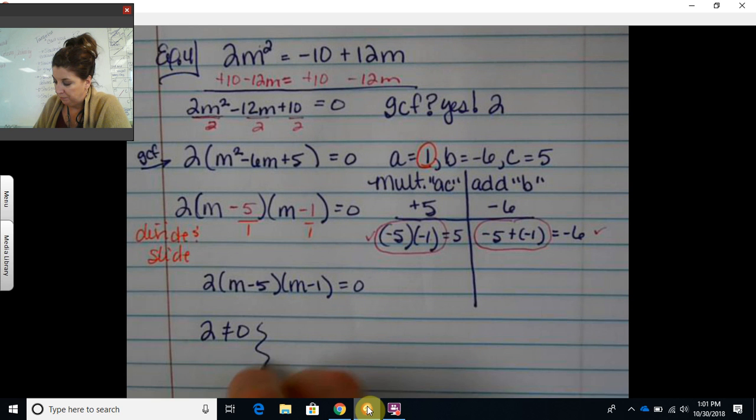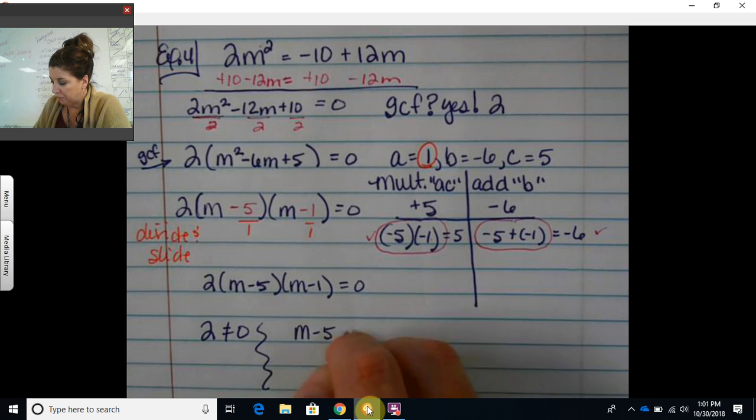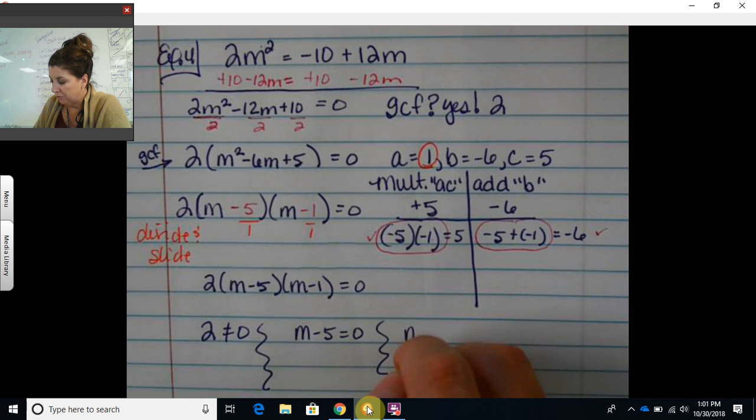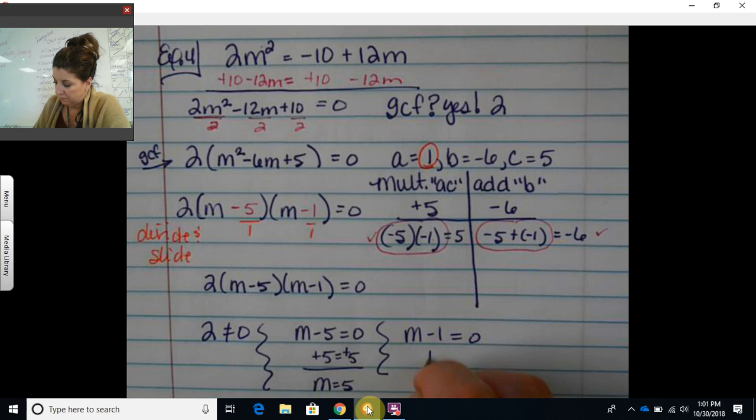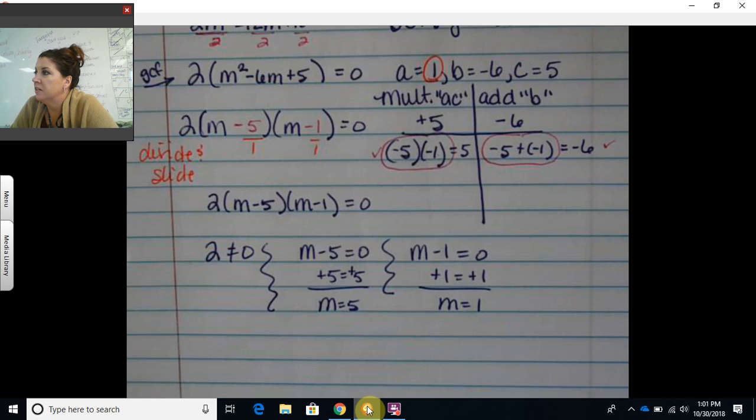Your solutions will come from the factors that had variables in them. So your solutions are positive 5 and positive 1. That's where this graph would cross the x-axis if we were to graph it.